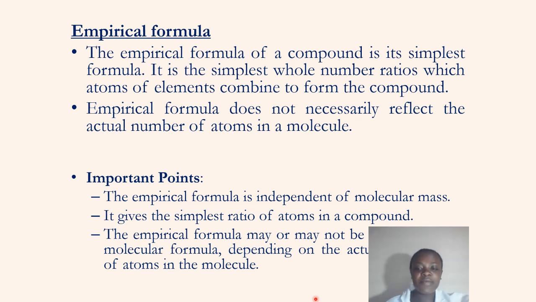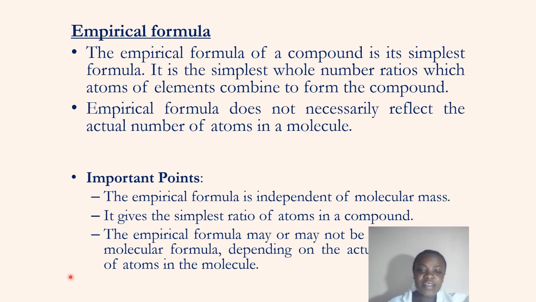Then there are some important points we have to note here. The empirical formula is independent of the molecular mass. We are going to see how that occurs. The empirical formula gives the simplest ratio of atoms in a compound.